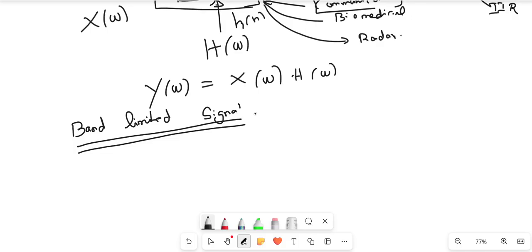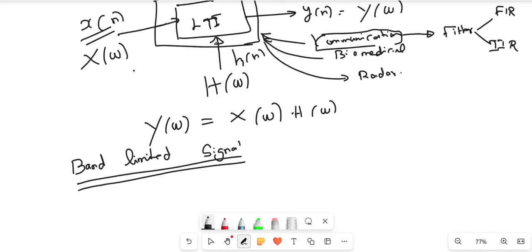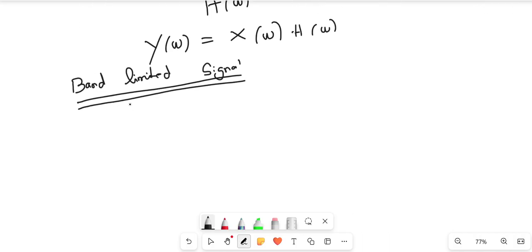Consider the signal x of n with the frequency content in a band of frequencies.